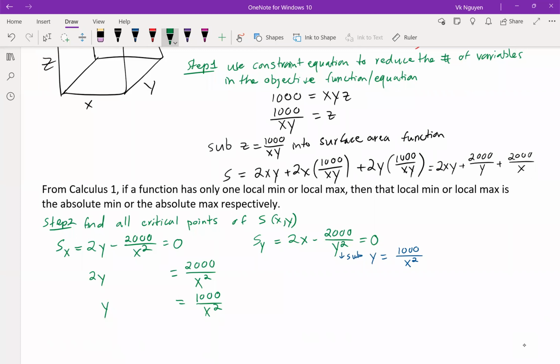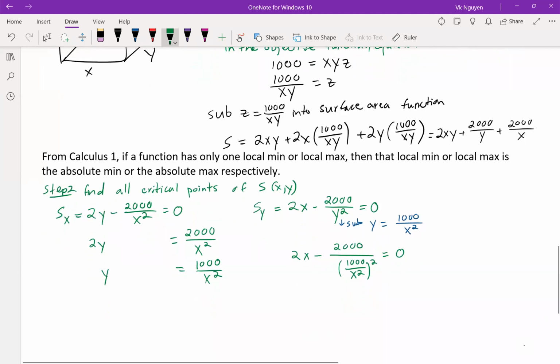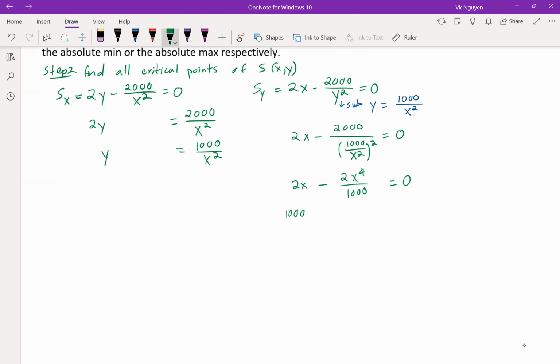Okay, so we have 2x minus 2000 over 1000 over x squared equal to 0. So 2x minus, there's x to the 4th, 1000x minus x to the 4th equal to 0.